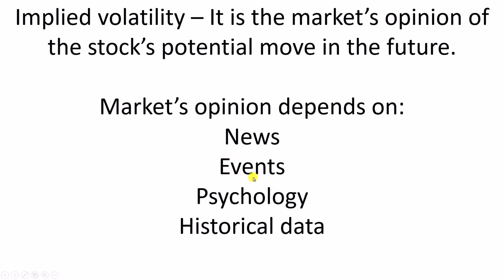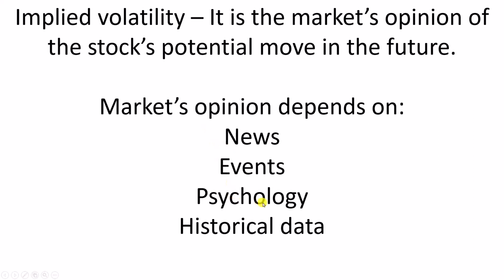Next, the events. If there are any unforeseen events, for example, Corona, the stock prices fluctuated a lot, volatility increased. There may be war or some other unforeseen event happening, that also affects the market's opinion.